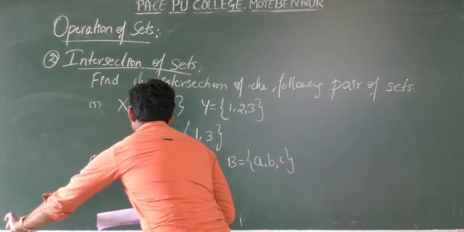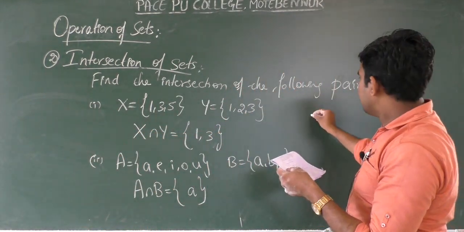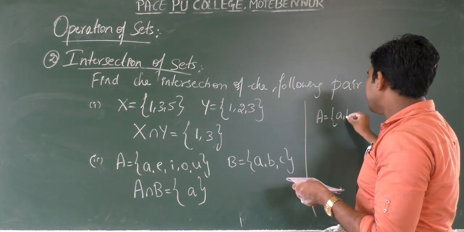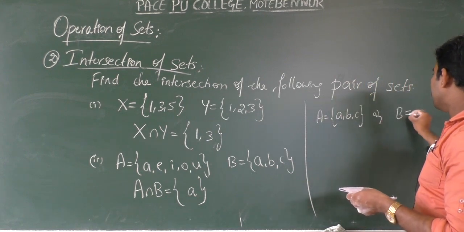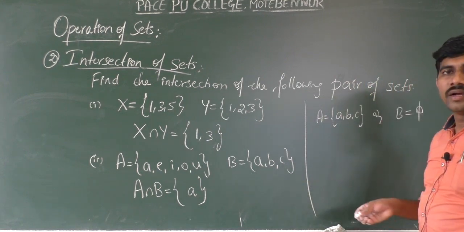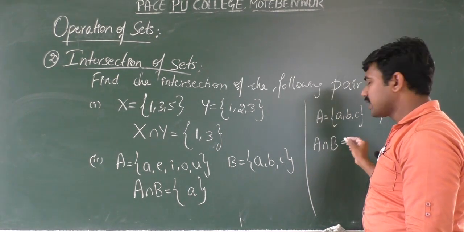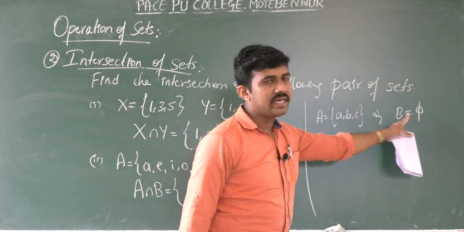Next, A is the set of all a, b, c, and B is the empty set phi. What is A intersection B? A intersection B is the common elements. Is any element in B?